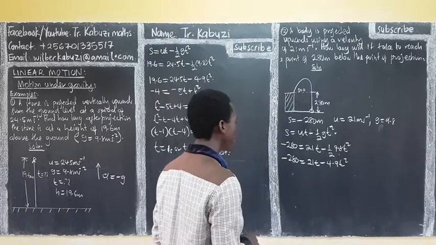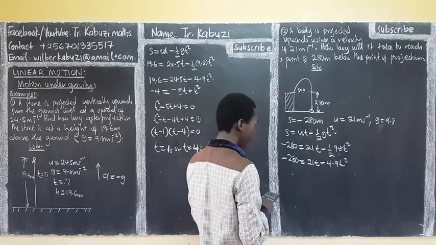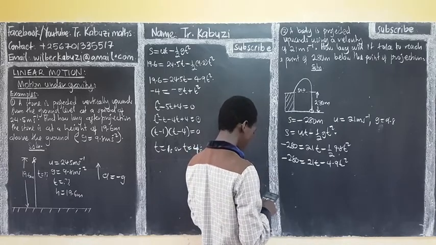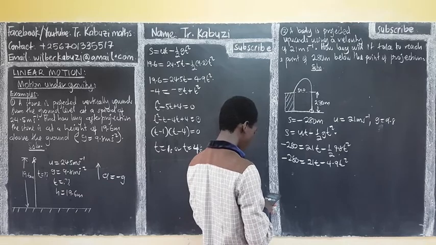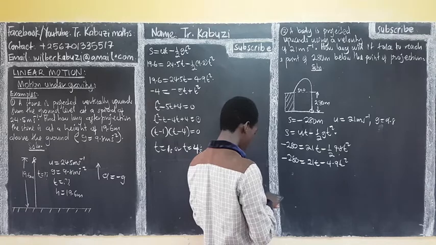Divide through by 4.9. So here will be how many? Negative 280 divided by negative 4.9.